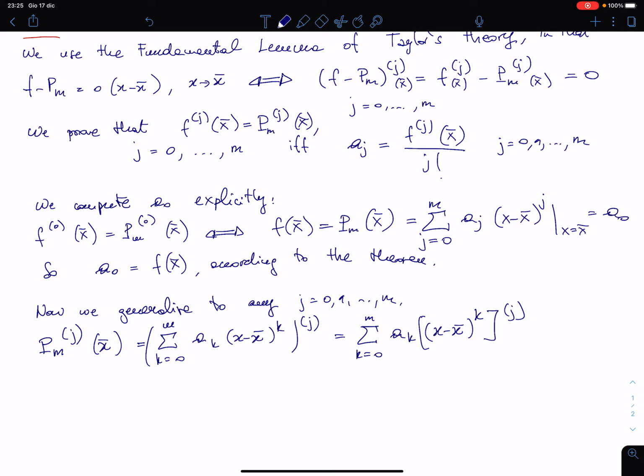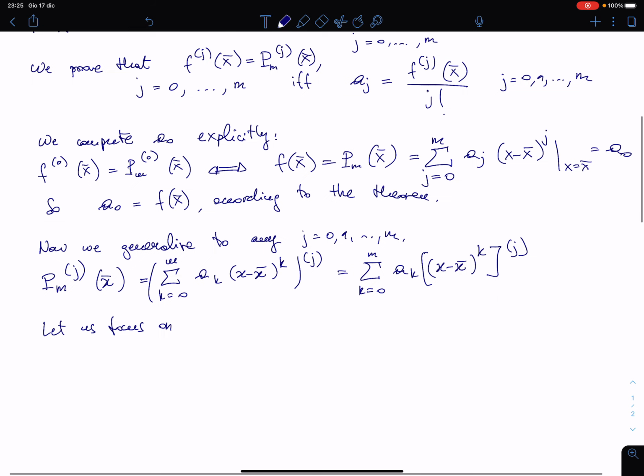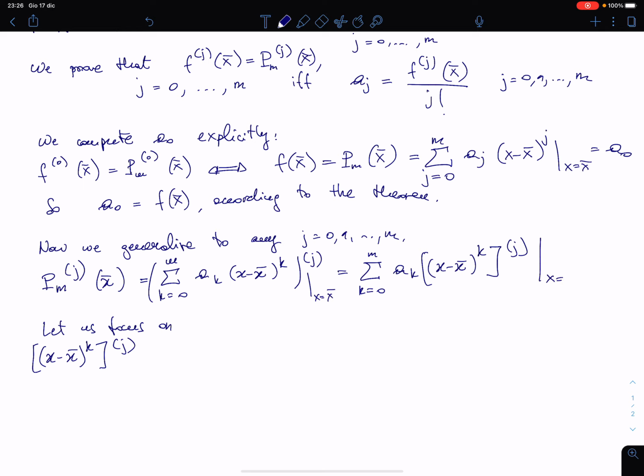Now let us focus on this (x minus x bar) to the power k to be differentiated j times, and of course evaluated at x equal to x bar.